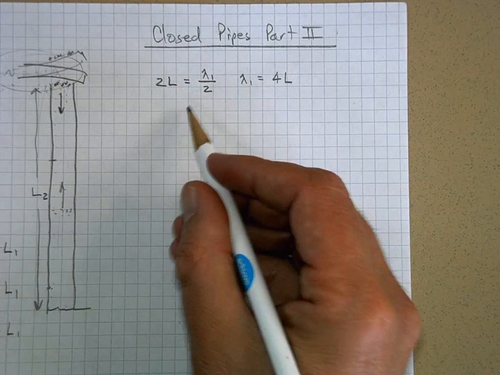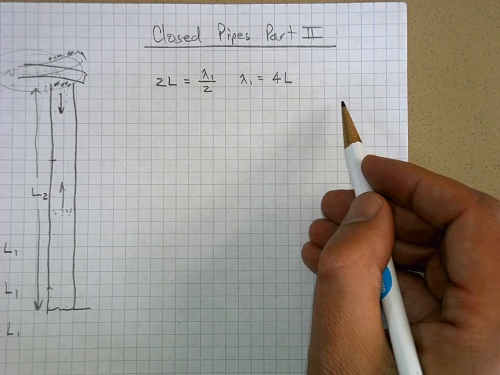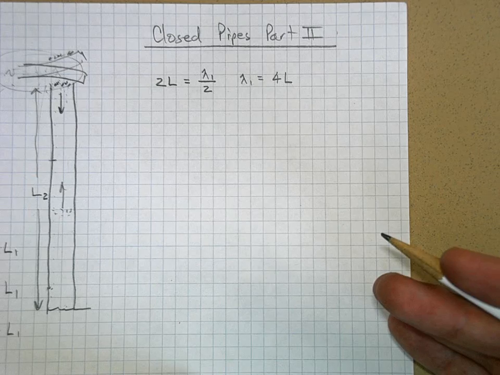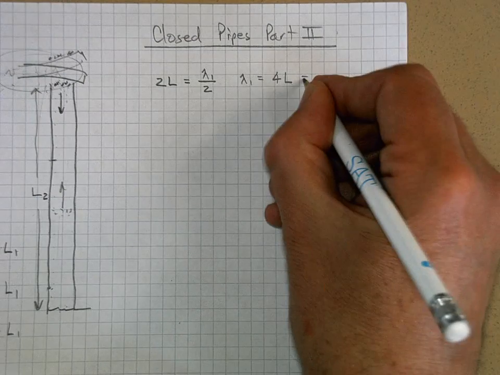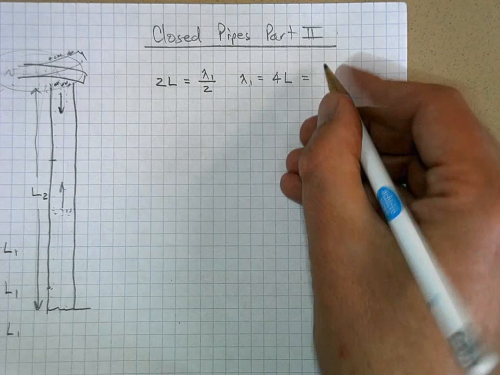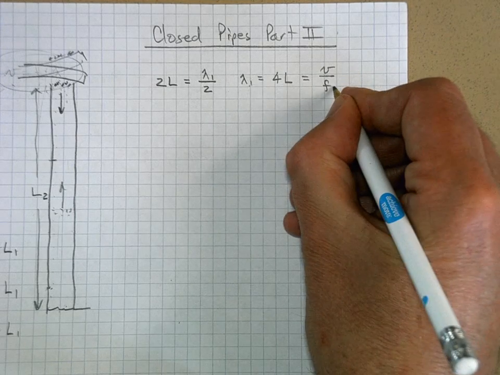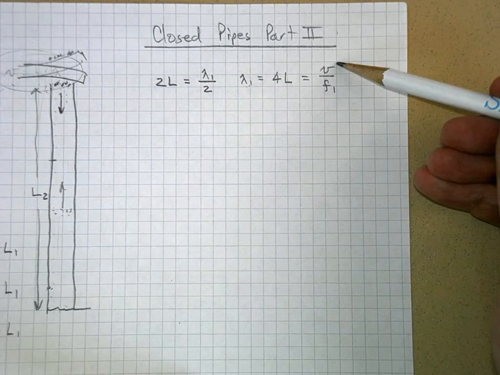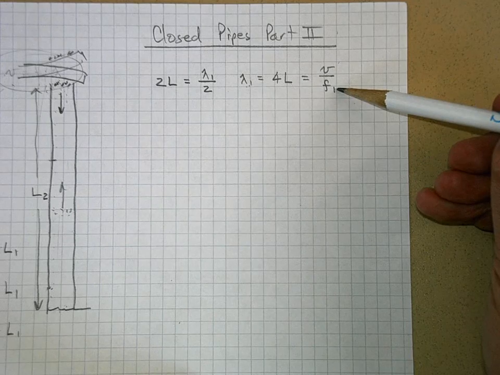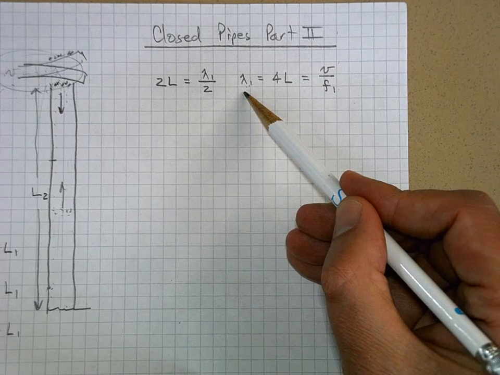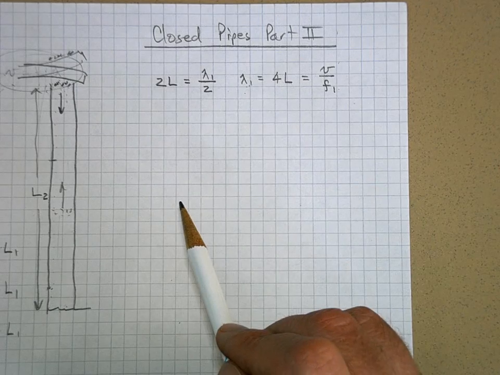Now, I want to express this in terms of frequency. What frequencies are going to resonate in this? I know that the wavelength is equal to the speed of sound divided by the frequency. That will give me the wavelength, and I know that's going to be 4L.